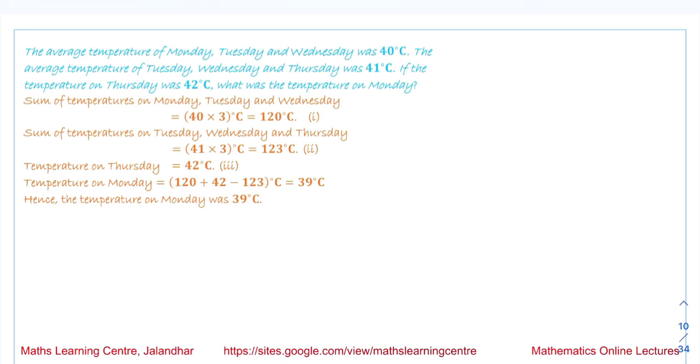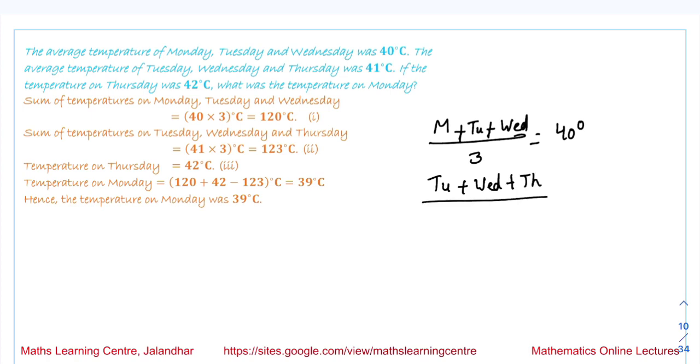So the average of the temperatures on Monday, Tuesday and Wednesday is 40 degrees Celsius, the average for Tuesday, Wednesday and Thursday is 41 degrees Celsius, and the temperature on Thursday is 42 degrees Celsius.